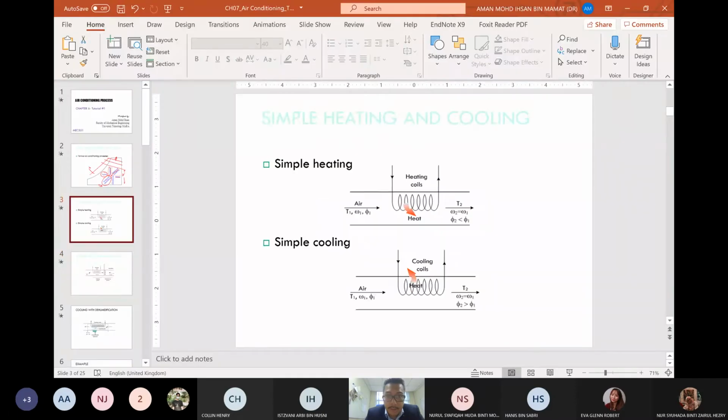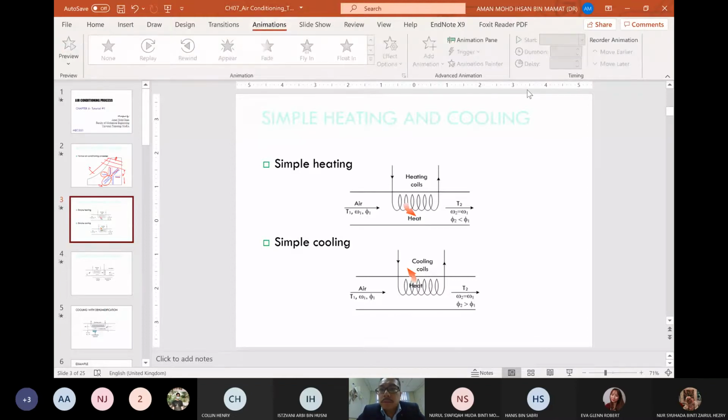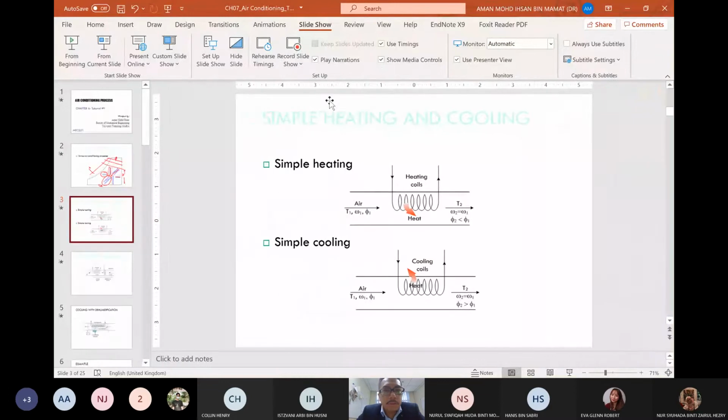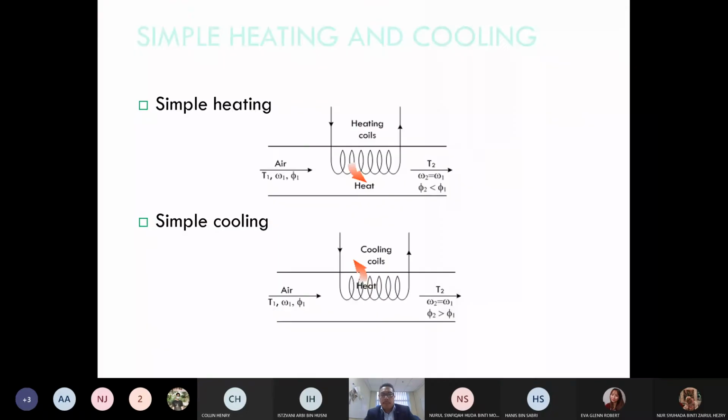ada ni ada timing animation, mana ni animation dia, slideshow, tak ada, yeah.